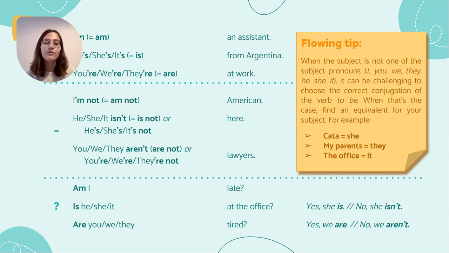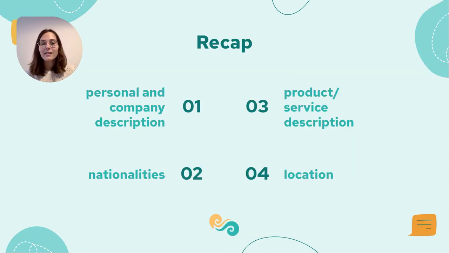So here's the tip: we try to find a pronoun equivalent for that subject. For example, in the case of Cata, the pronoun equivalent would be she. In the case of my parents, the pronoun equivalent would be they. And in the case of the office, it would be, well, it, right?